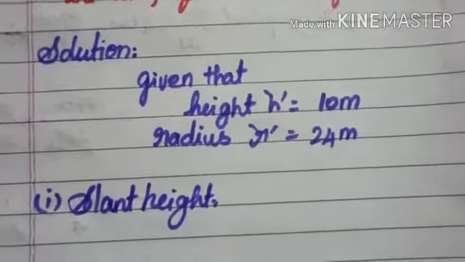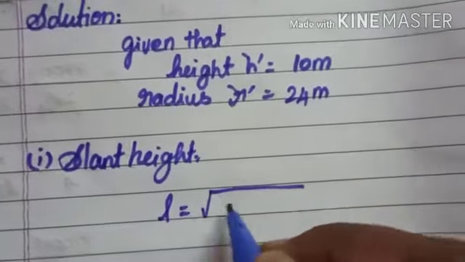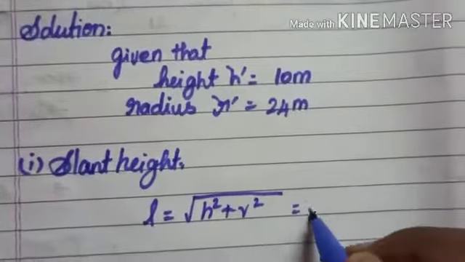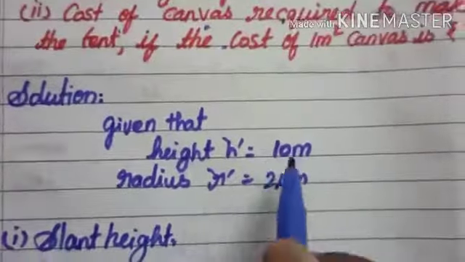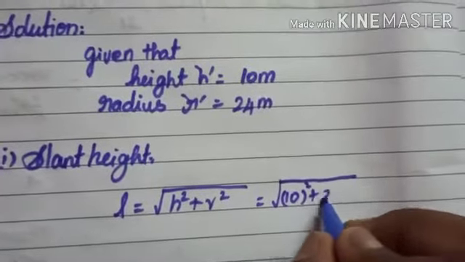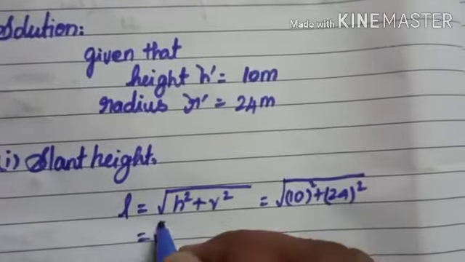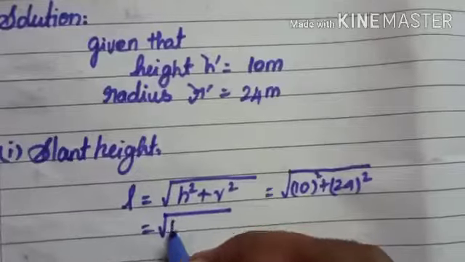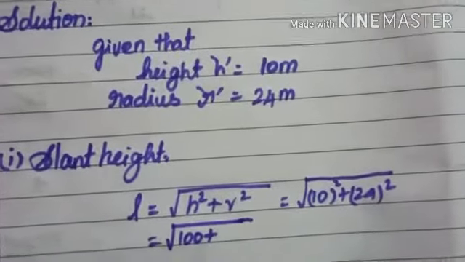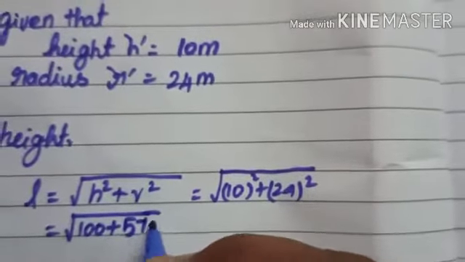You know the formula to find the slant height: L is equal to root of h square plus r square. So square root of, here h is 10, so 10 whole square plus 24 whole square. If you square the 10, you get 100, plus 24 square is 576.